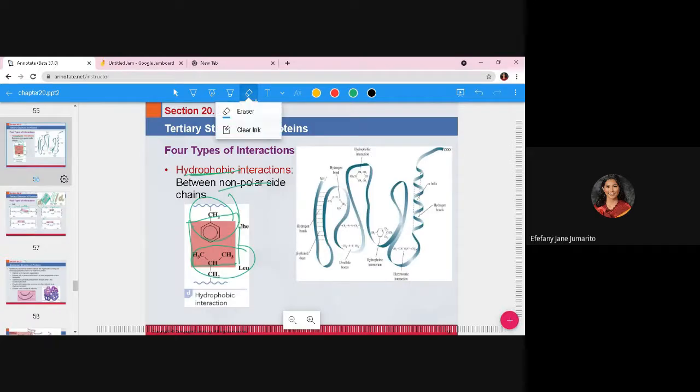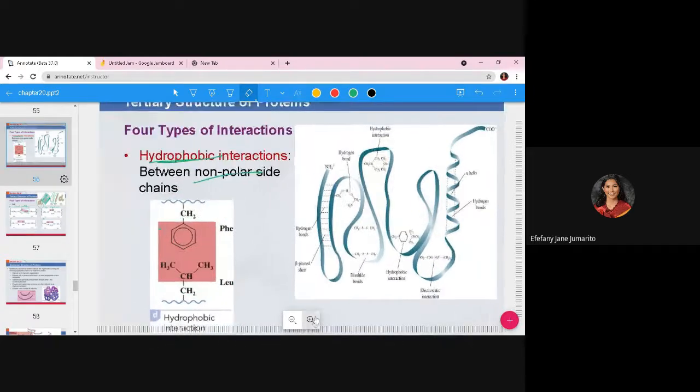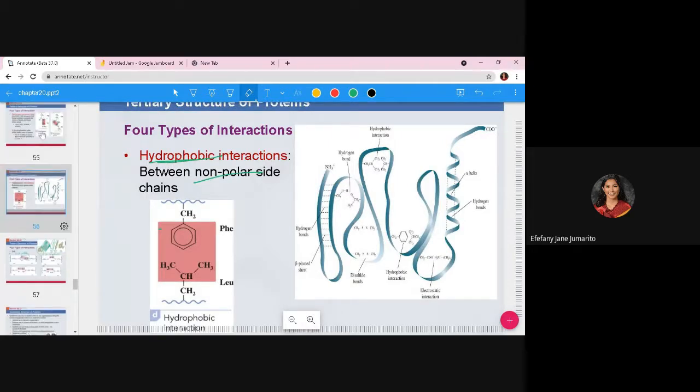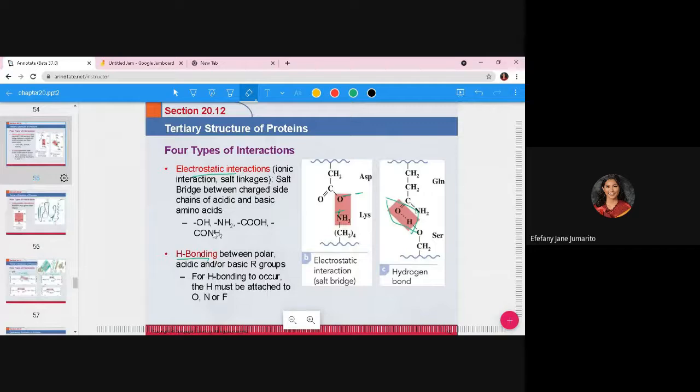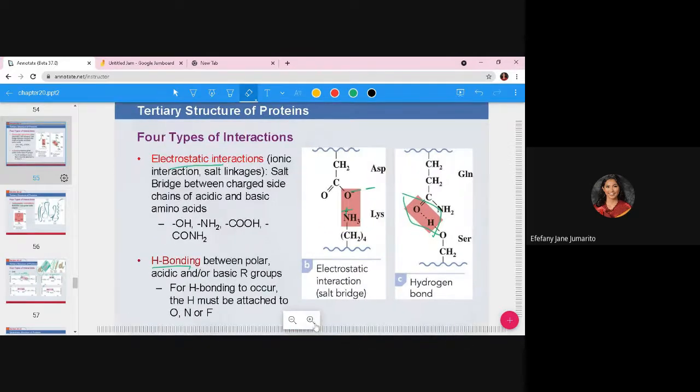Tanawang hydrophobic interaction. Okay, this one. Okay, look for hydrogen bond.